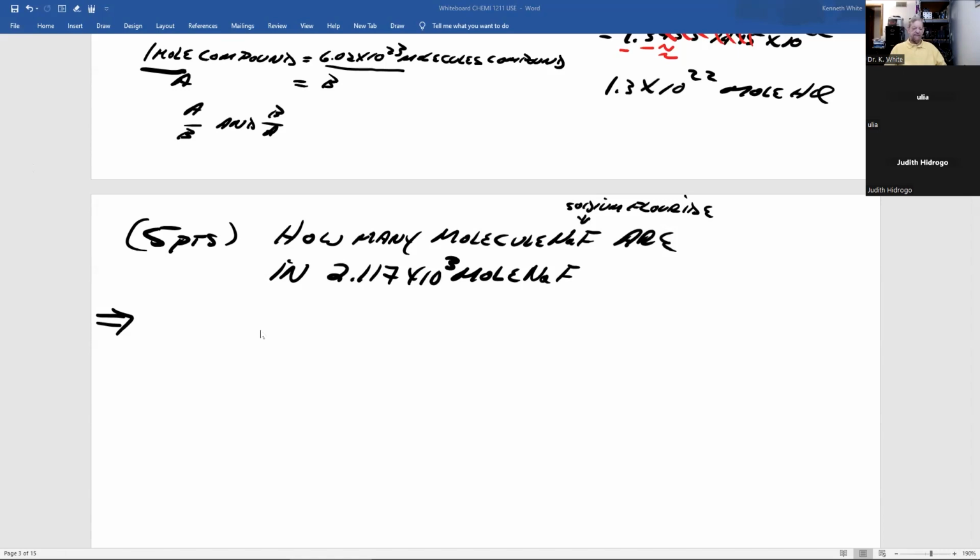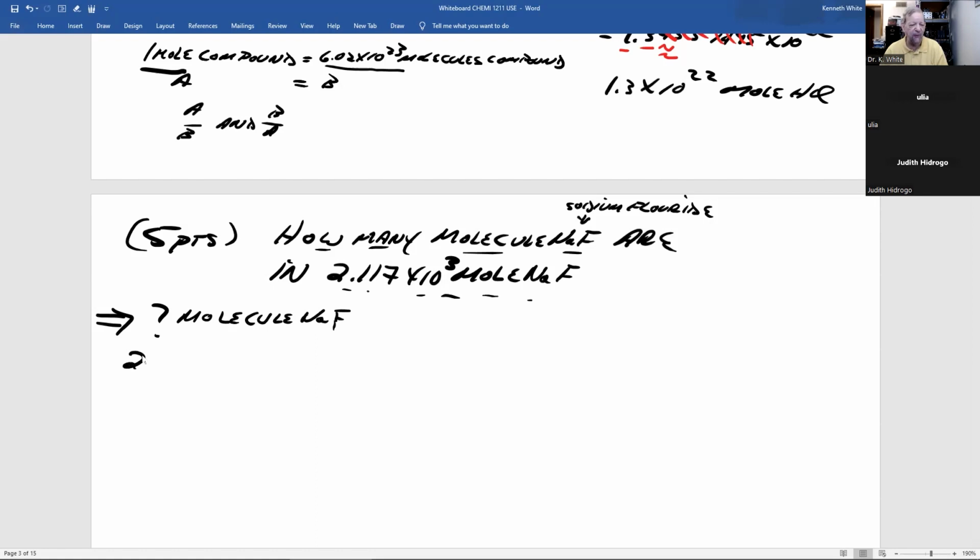All right, my turn. What are you being asked to find? How many molecules sodium fluoride? So I like to use a question mark, as you'll learn this whole semester. We're trying to find this, and we're looking at just the units. What are we given? This number.